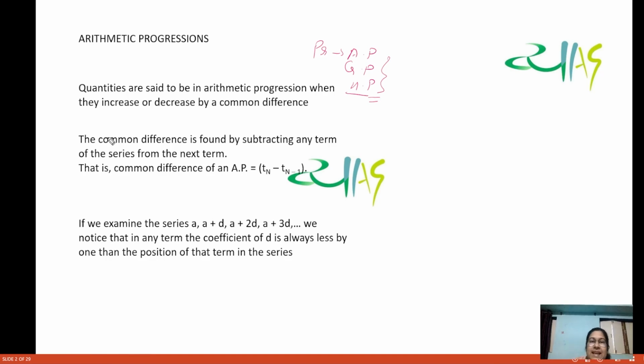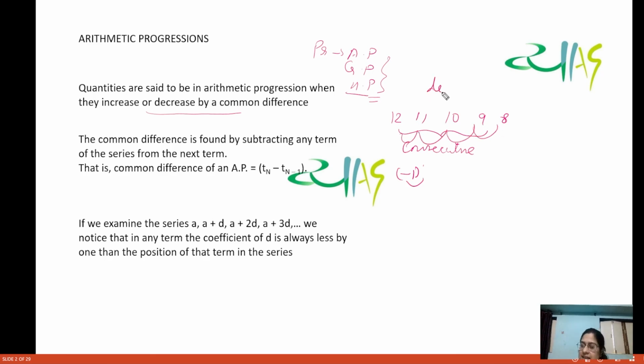Any arithmetic progression is one which increases or decreases by a common difference. For example, let us say we take 12, then 11, then 10, then 9, then 8. These are consecutive numbers, but also they are decreasing by minus 1.